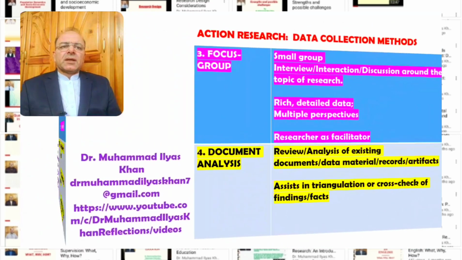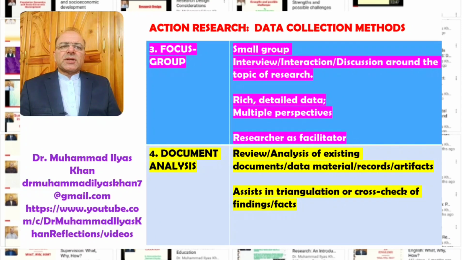Then the next important data collection method is the focus group, which is like a form of interview, but generally this type of interview takes place in the form of small groups, ranging from 4 to 8, sometimes up to 12 participants.